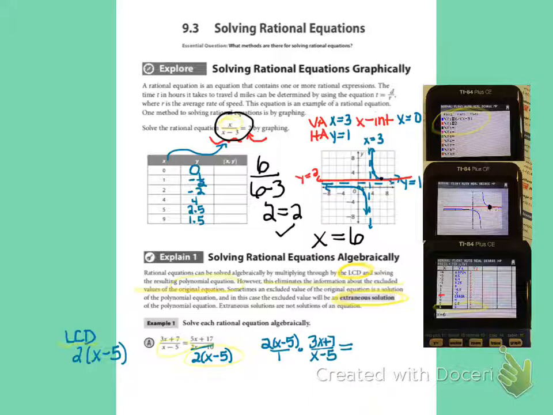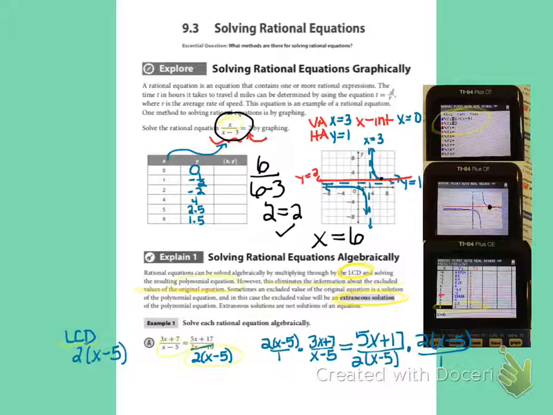So here's the left side, and then on the right side, I'm going to write the 5x plus 17 over the 2x minus 10, or 2 times x minus 5 in factored form. And then again, I'm going to multiply that by the 2 times x minus 5 over 1. The reason I can do that is because of the multiplication property of equality. Remember, as long as you do the same thing to both sides of the equation, you're not changing it at all. So as long as I'm doing it to every single term, then this is still equivalent.